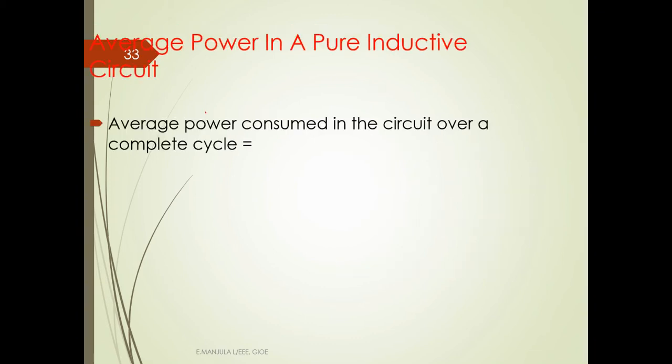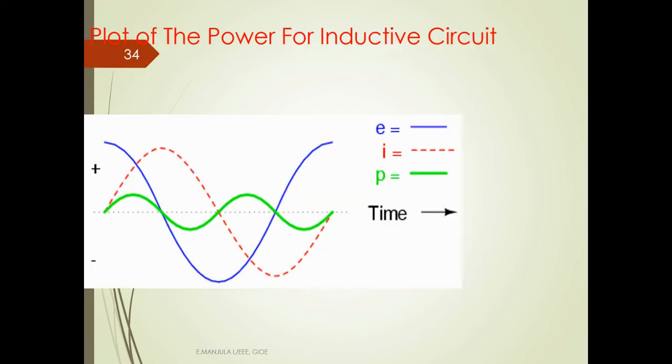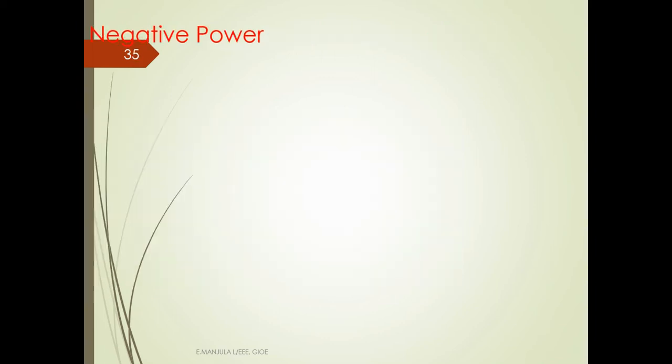The average power consumed by the circuit over a complete cycle is P equal to 1 by 2 pi integral from 0 to 2 pi of minus V maximum I maximum by 2 sin 2 omega t d omega t, which is equal to 0. So this is the power you observe: positive, negative, positive, negative.